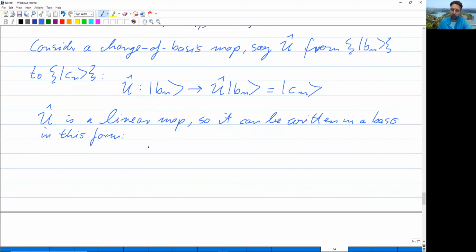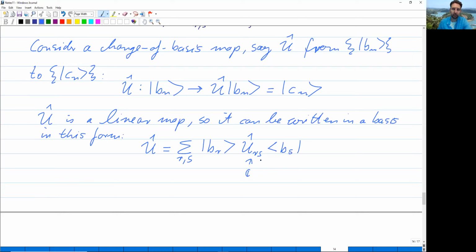What we're saying is that U hat, being a linear map, must be possible to write in this way, choosing the B basis. U_rs, remember these are just each individually complex numbers.